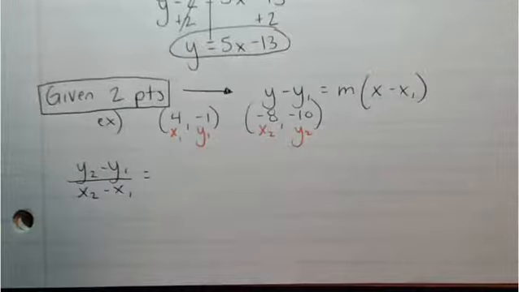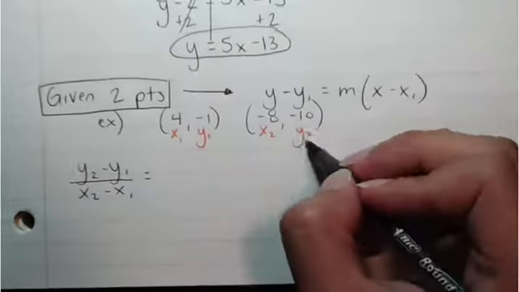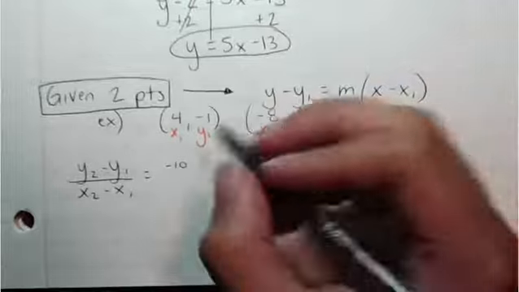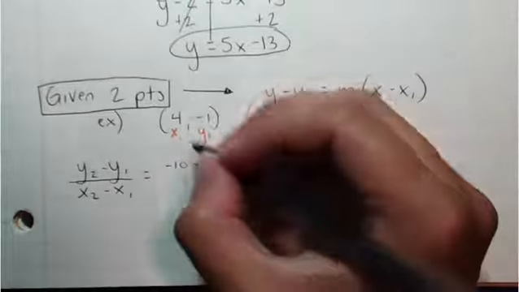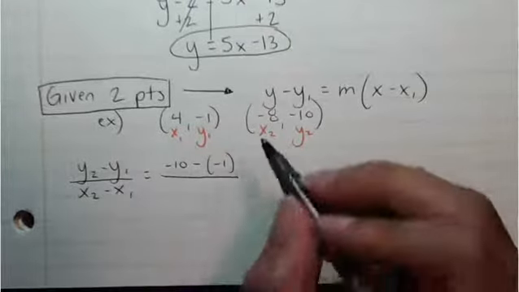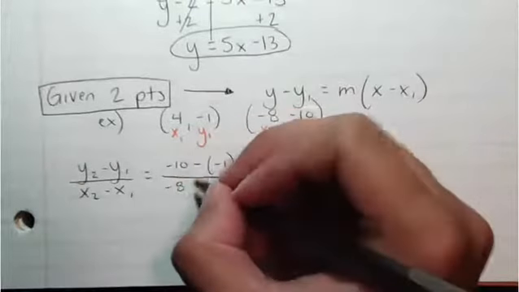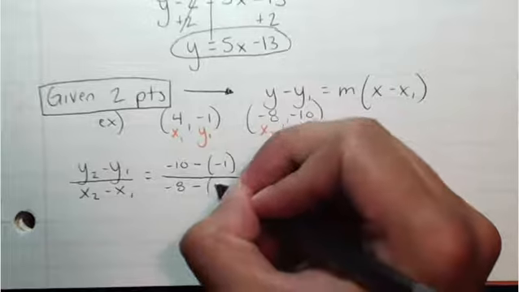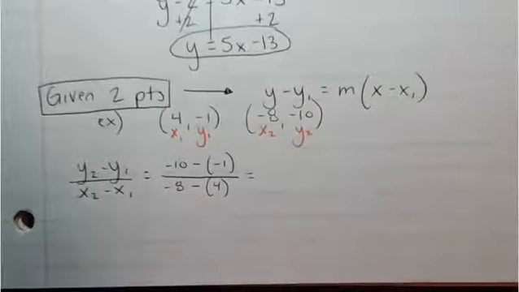This is to find the slope. So if I insert what I know, y2 is negative 10 minus y1, which is negative 1, all over x2, negative 8, minus x1, which is 4. This is going to tell me just the slope.